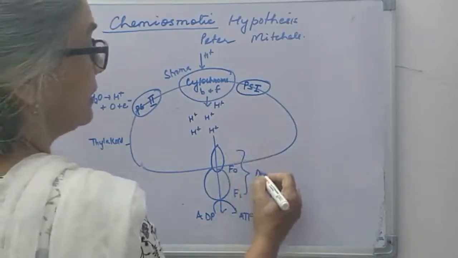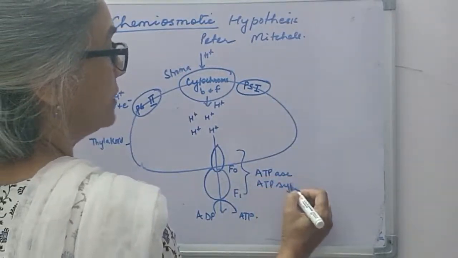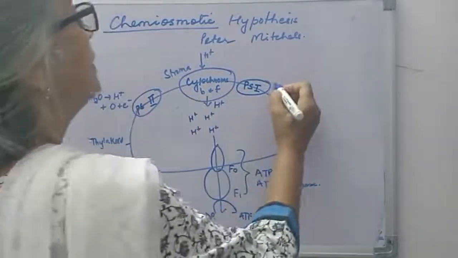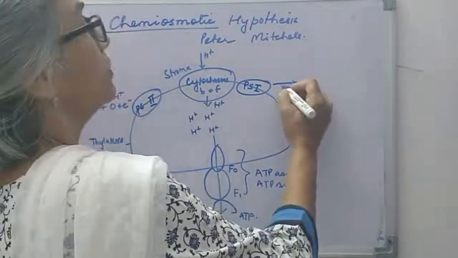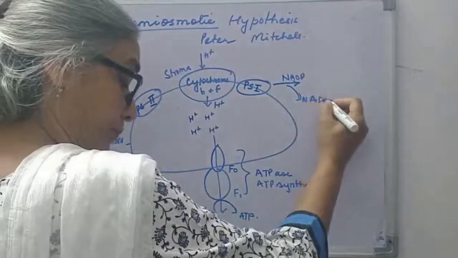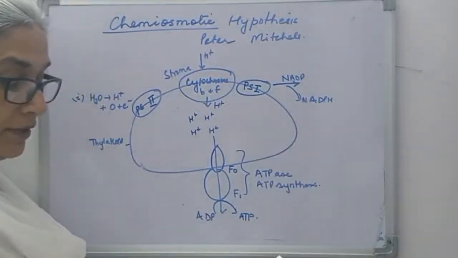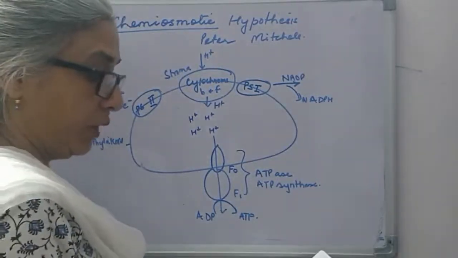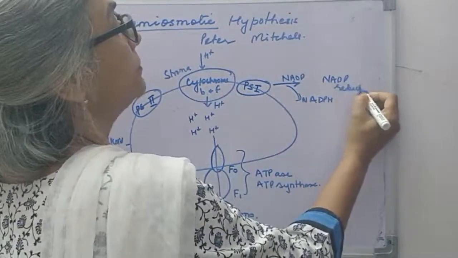This is ATPase enzyme, which is also called ATP synthase, and we will see that photosystem 1 from NADP forms NADPH, because there is an enzyme here called NADP reductase, which reduces NADP to NADPH due to NADP reductase enzyme.